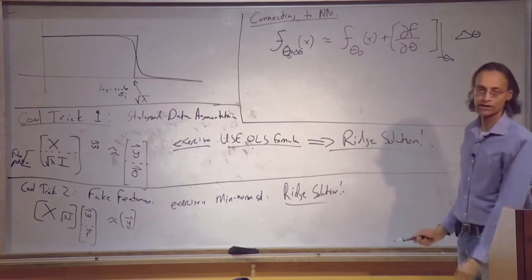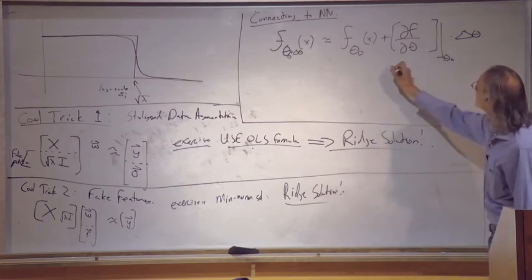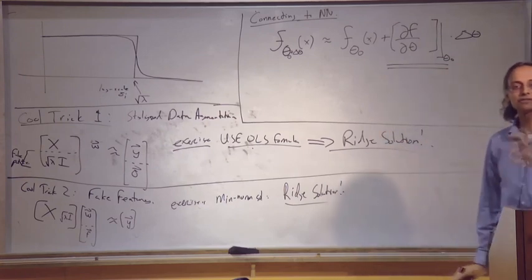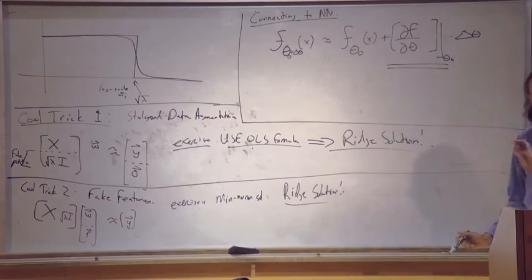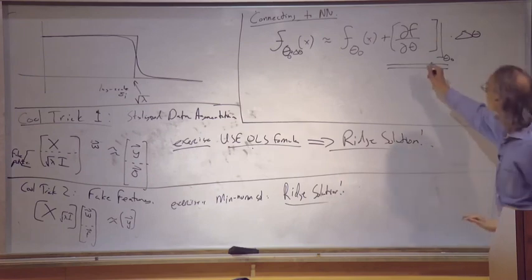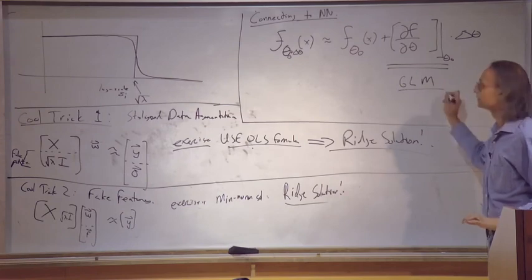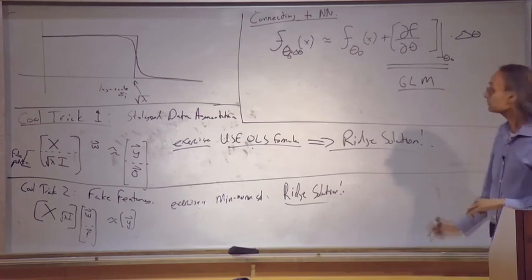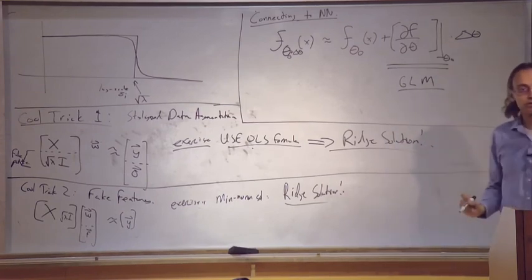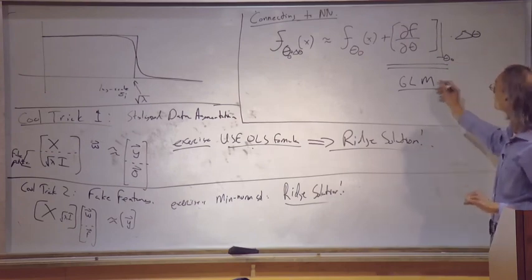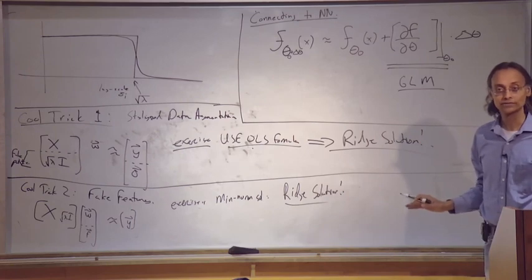If I take this model, namely the derivative of the function with respect to all of my parameters, this is like a generalized linear model. There are a bunch of derivative features here that I can evaluate for all of my data points.